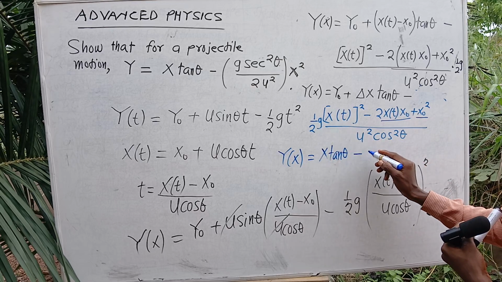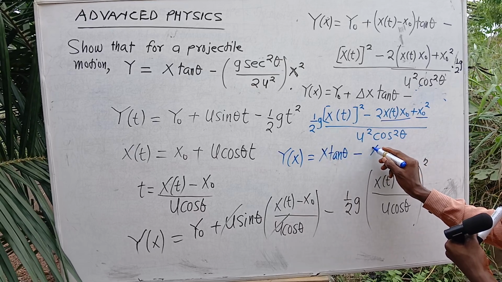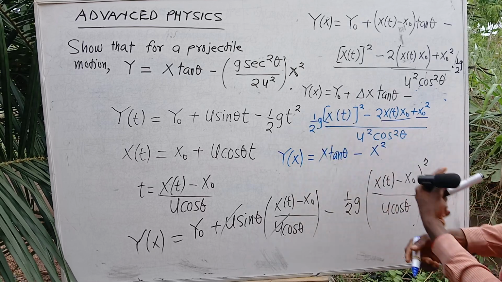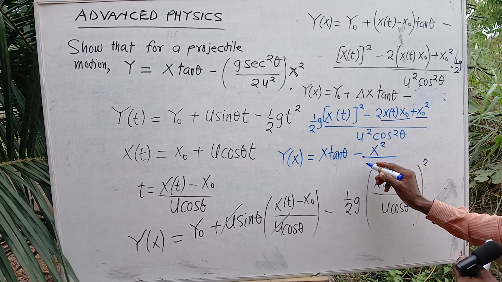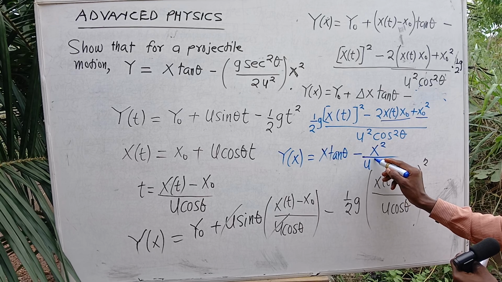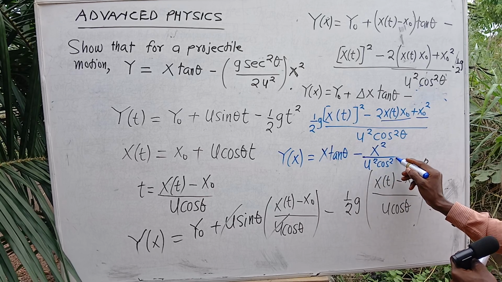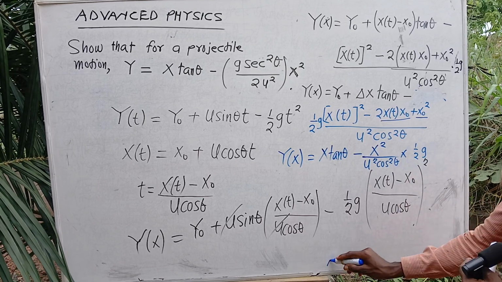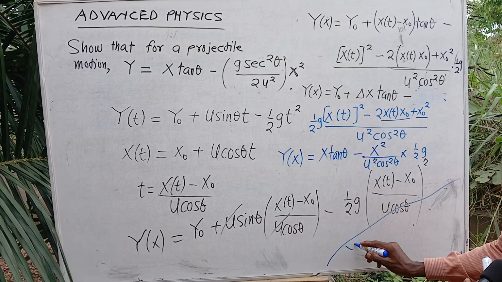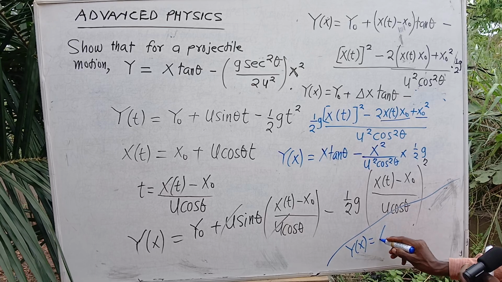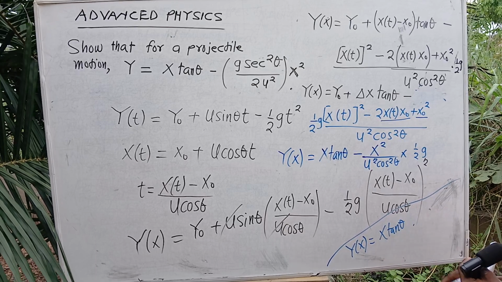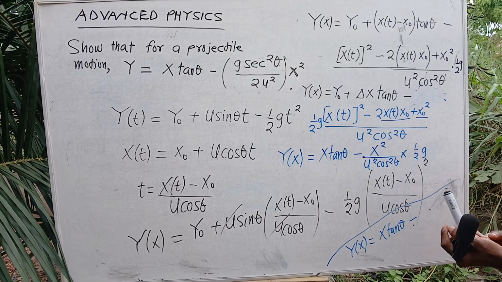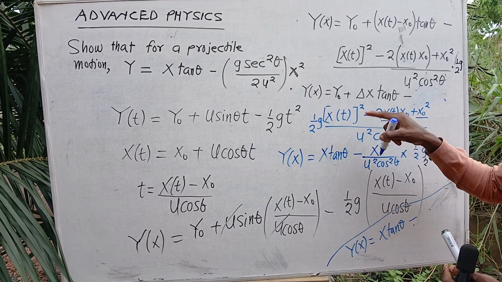So then we have x squared, which is this quantity squared, divided by u squared cos squared theta times half g. And the final equation, y of x is equal to x tangent of theta minus, now the reciprocal of cos squared theta is secant squared theta.